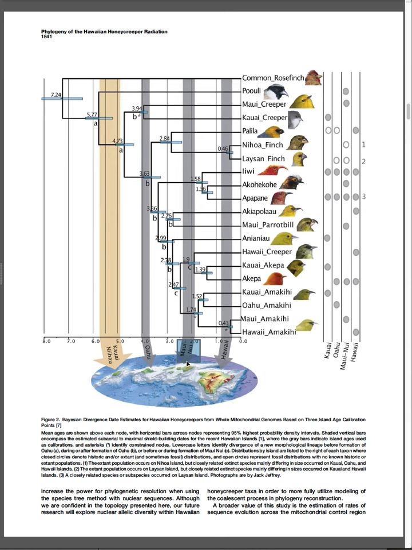And then finally, which of the major types had not evolved before Maui Nui was formed, right? Which ones evolved afterward? And you can see on the right-hand side, I meant to tell you here, that we've got each of the islands, and so you can see which species are found on which of the islands. You can see this group has a down island colonization pattern: Hawaii, Oahu, Maui, and Hawaii.